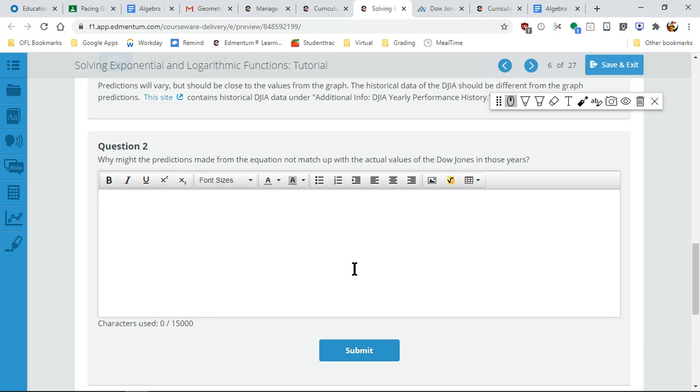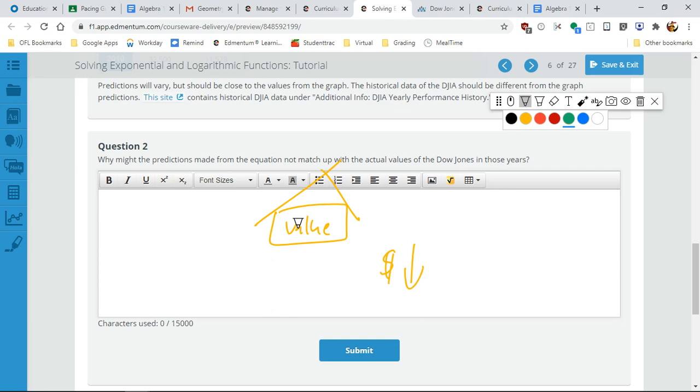Inflation, the idea that our money is going to be worth less. So think of it this way. If you're buying something, let's say I'm buying this house. The house is always going to be worth something, right? It's going to have value. Well, over time, our money goes down.